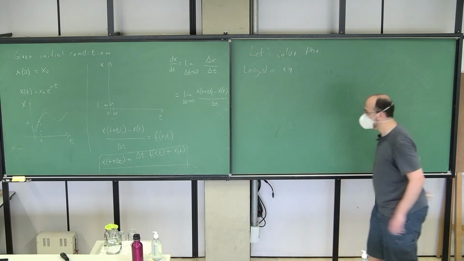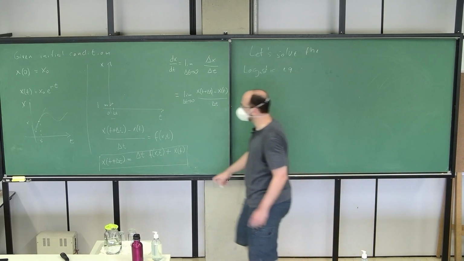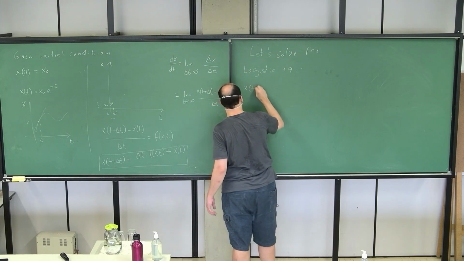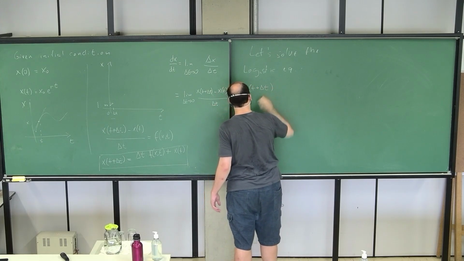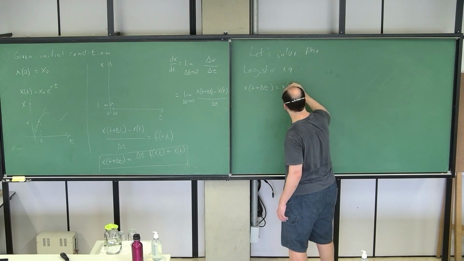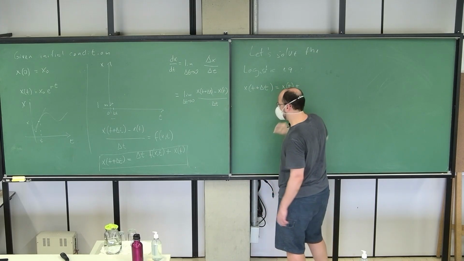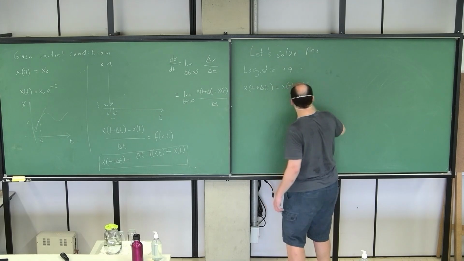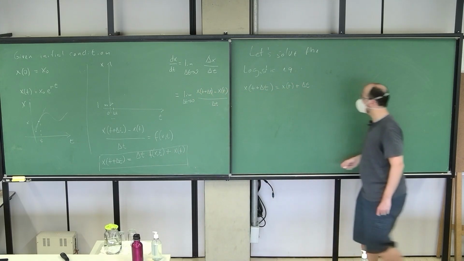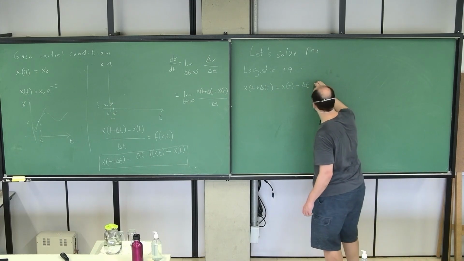So what does this look like for the logistic equation? Let me write this down. So this is x of t plus delta t is equal to, I will invert the order a bit here, x of t plus delta t times the function f, that for the logistic equation is x of t.